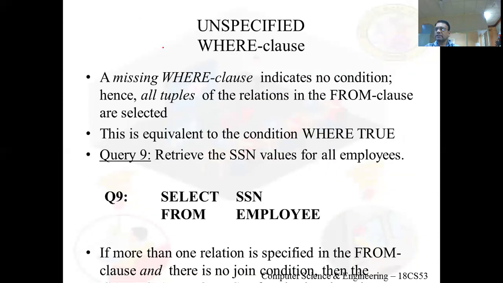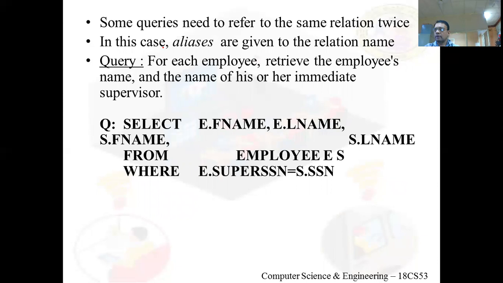Use of aliases. I can give a name for employees. An alias is nothing but giving an alternate name for employees. Right now I'm fetching the employee first name and the supervisor last name from employee. The first time I'm giving the name as E and the second time I'm giving the name as S, and I'm joining the same table with super SSN and SSN.